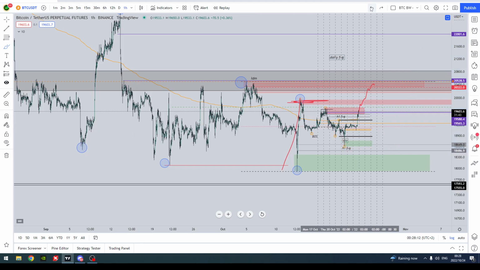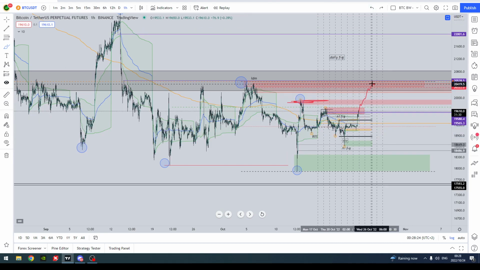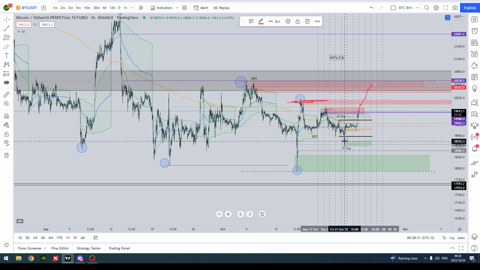So if we don't head down lower to our levels here, eventually on Tuesday, from Tuesday down into Thursday at 18.8, we'll look to long. If we head up higher to 20.4, sorry, then I'd look at the 18.8 level as a level of inducement.